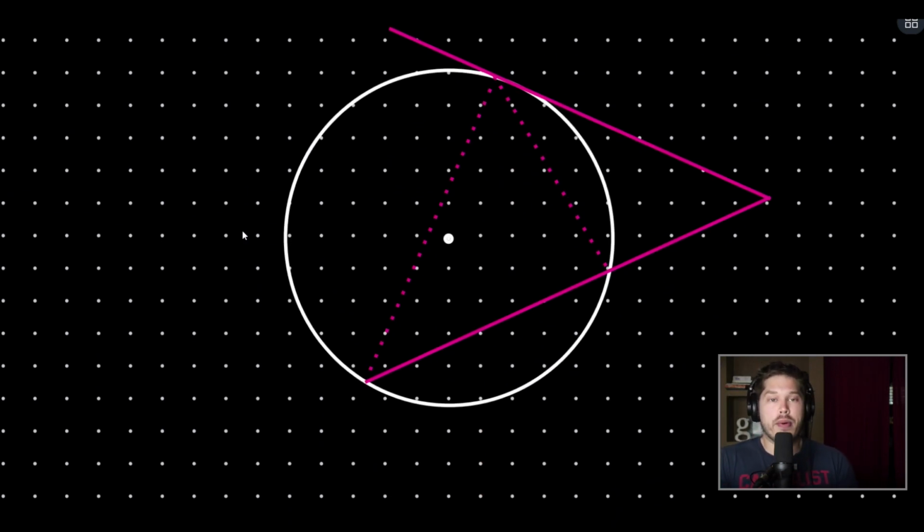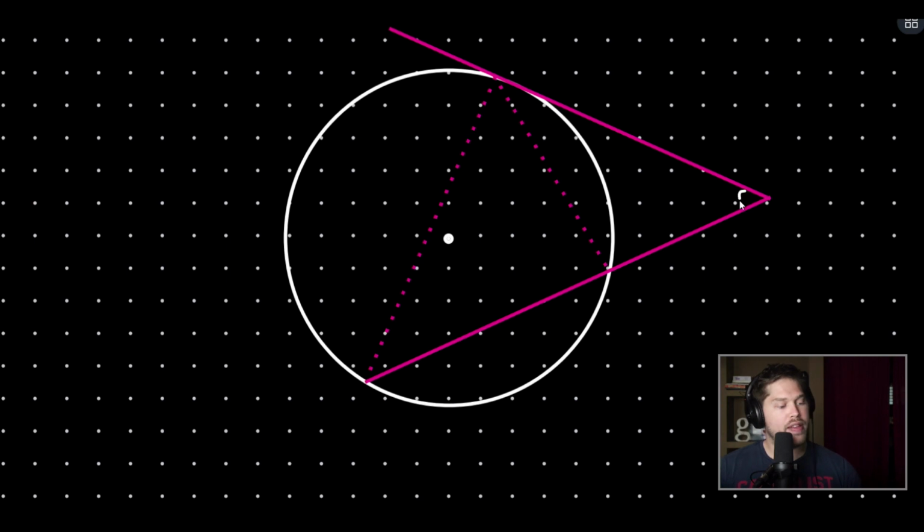The last power of the point we're going to talk about is how a tangent and a secant, what is their relationship whenever they intersect? Okay, and this one is solved the exact same way the secant-secant relationship is.